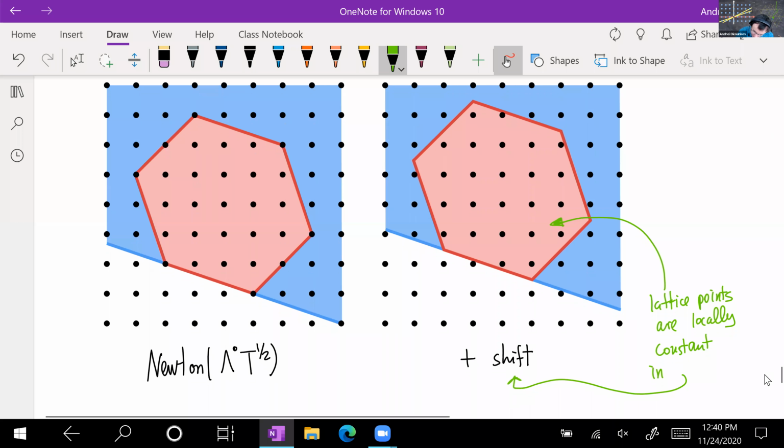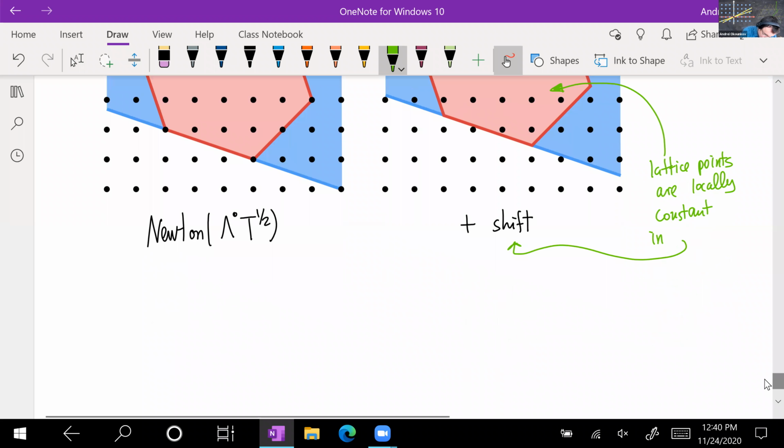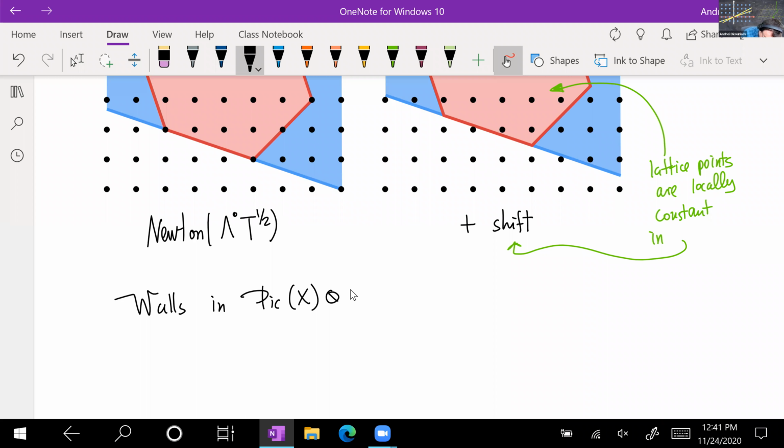So you get walls from this picture, periodic walls in Pic X tensor R, because this is where the shift was, and they're invariant under the action of Pic X, because this action of Pic X is really multiplication.